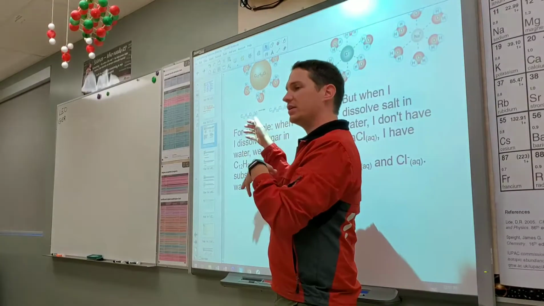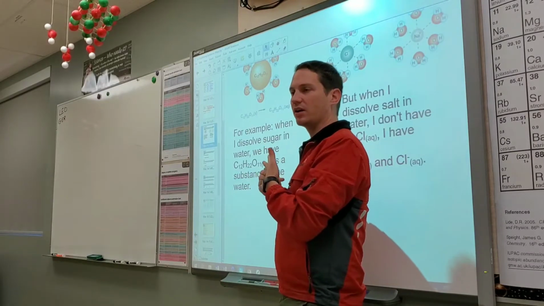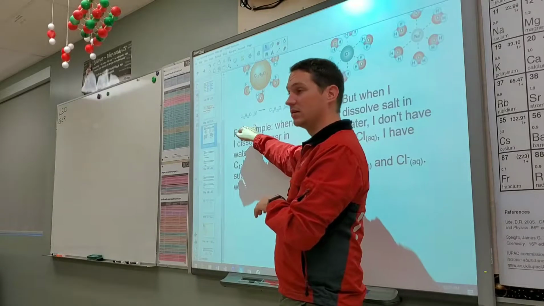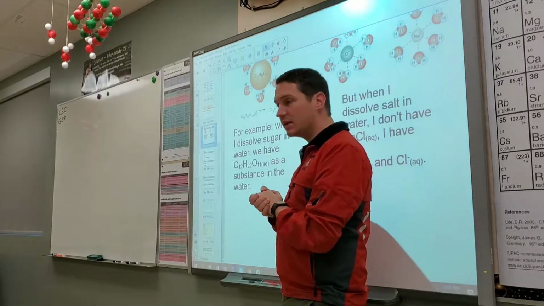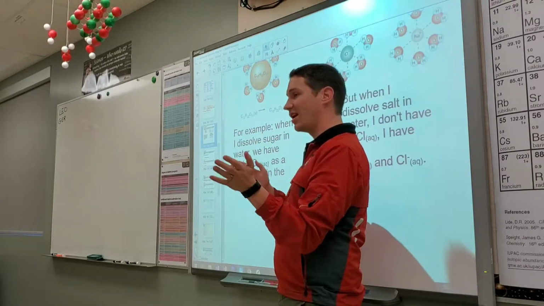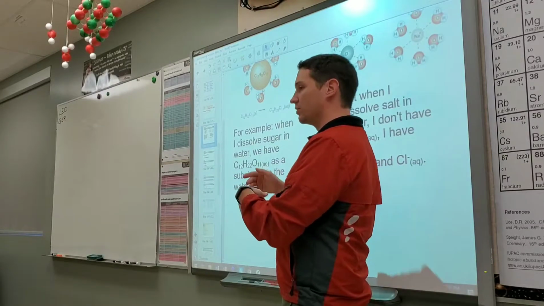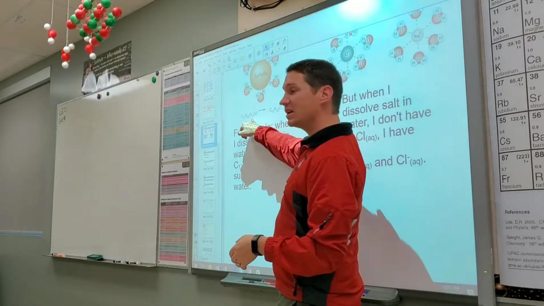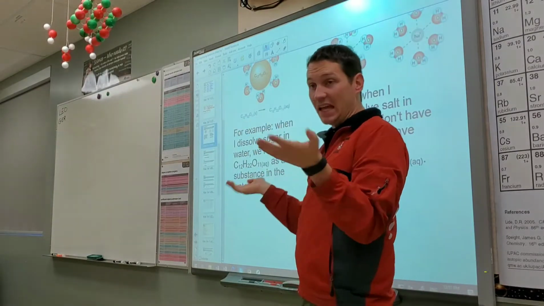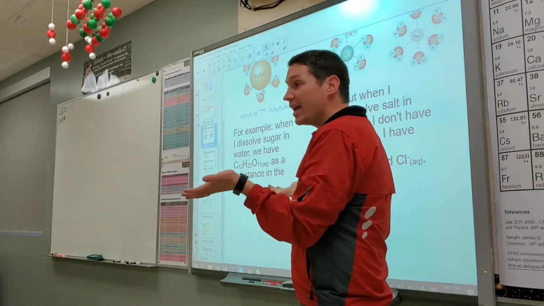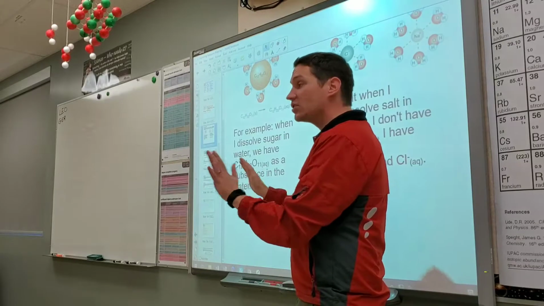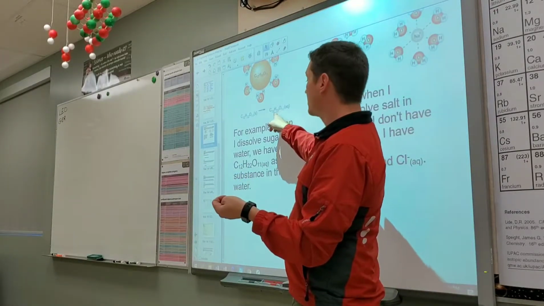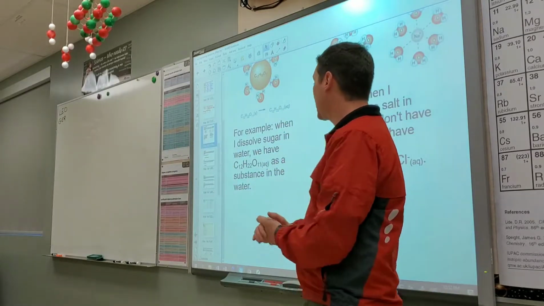Is C12H22O11 an ionic compound? No, it's not made of ions. Is it an acid? No, it's not an acid. It's not H something and something, COOH. So when we put this in water, all we have is aqueous sugar. We just have aqueous sucrose. That's the only thing we're going to have. So if a reaction involves this, this is what we would write down in our reaction.